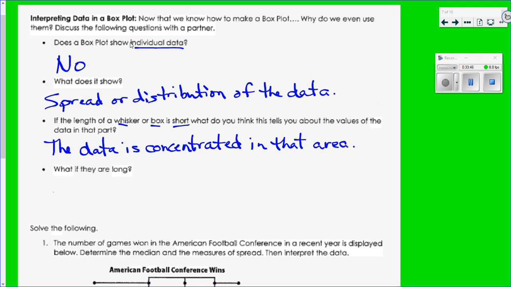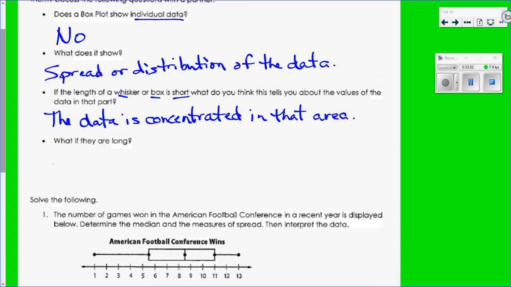So then what does it tell me if they're long? If I see a really long whisker, a really long box. The opposite, what would be the mathematical term opposite of concentrated? No, it's actually dispersed. So the data is dispersed. In other words, it's spread out.